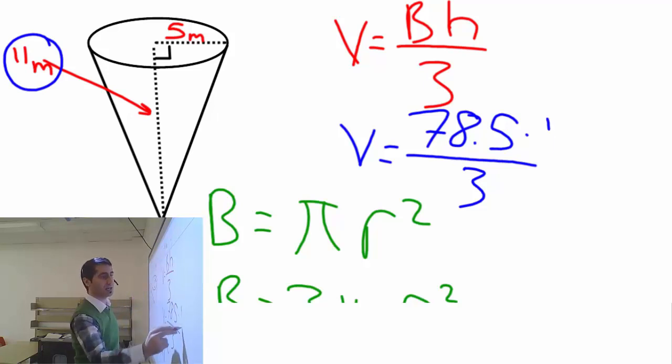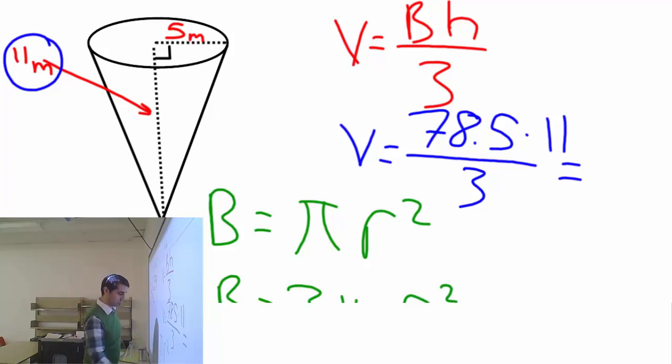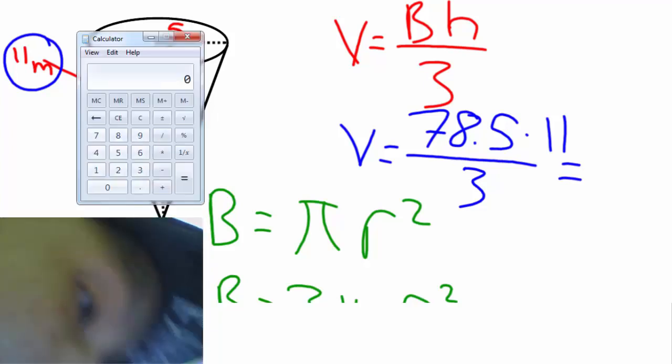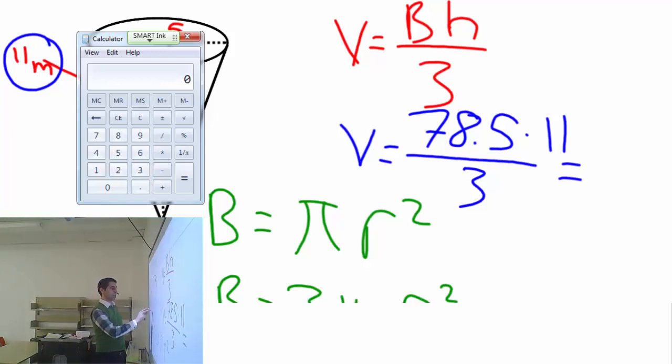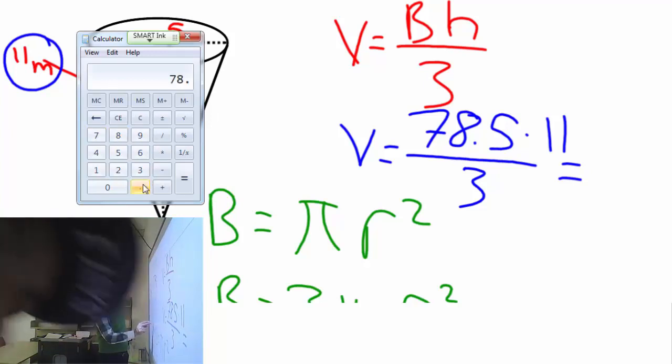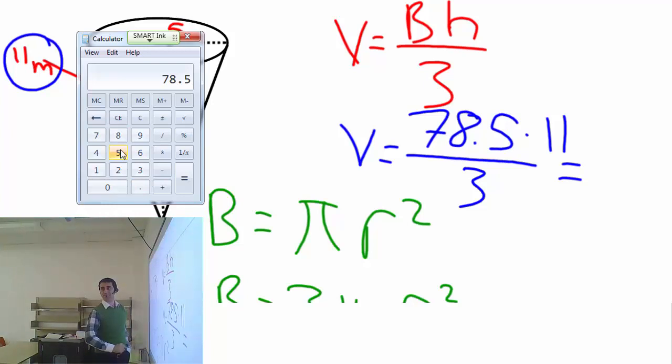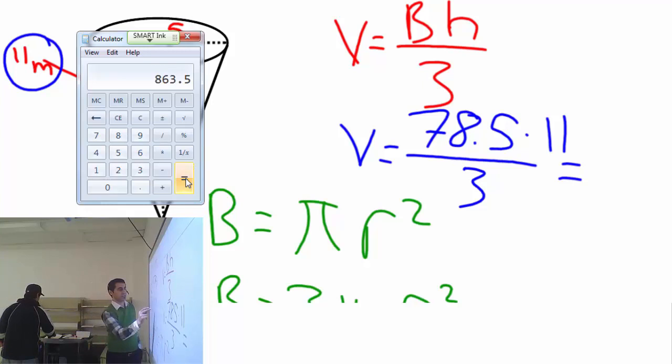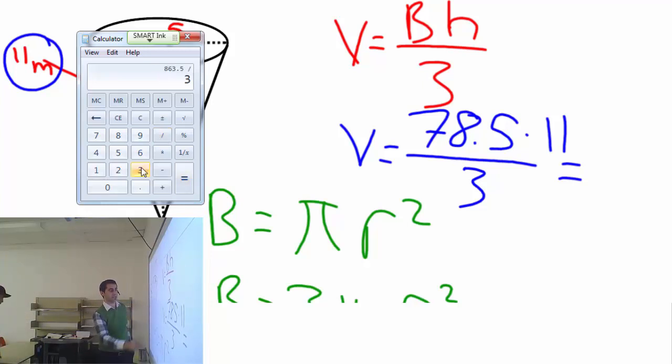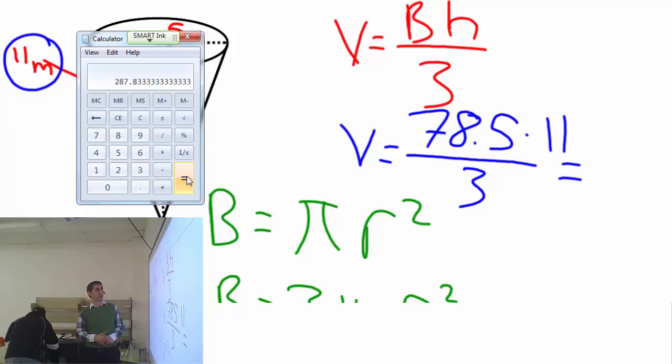So let's write that down. And let's do the calculation here. Let's use the calculator and see. 78.5 times 11 equals, that divided by 3. We are going to get this weird number, 287.83.